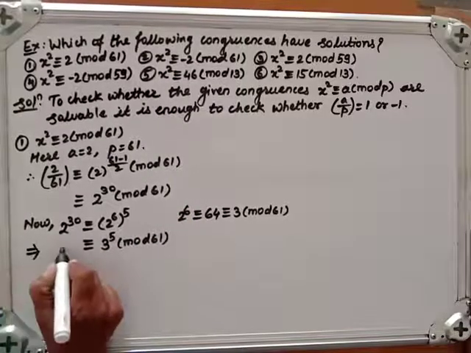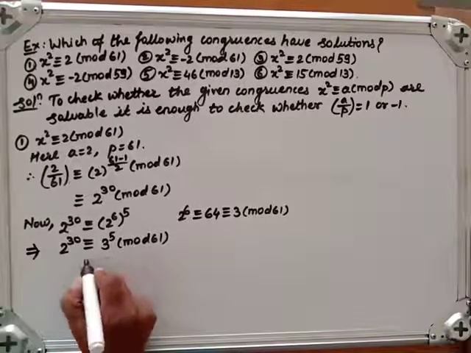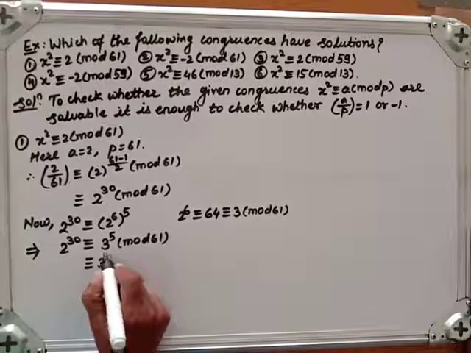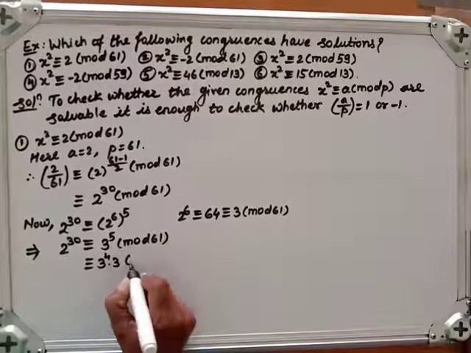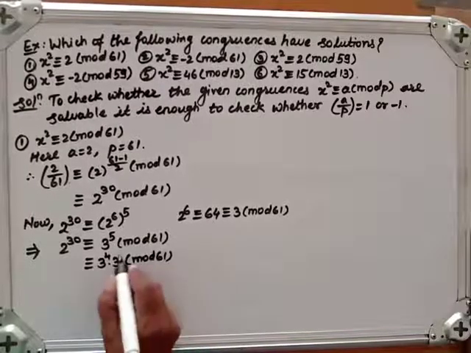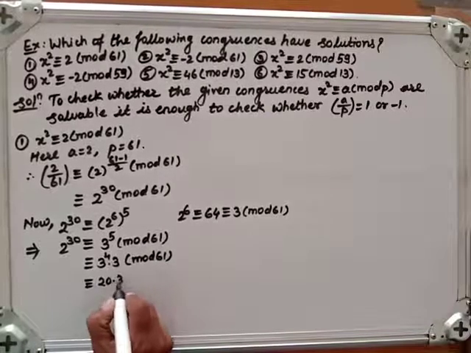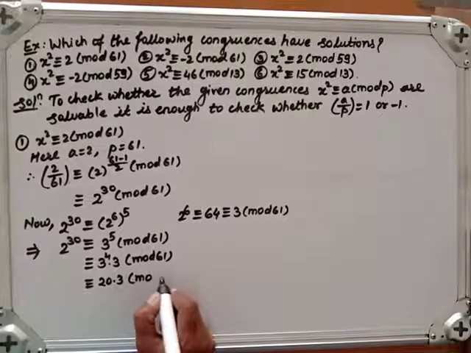This implies 2 raised to 30 will be this. Now this can be written as 3 raised to 4 into 3 modulo 61. But you know 3 raised to 4 is 81, and 81 is congruent to 20 modulo 61, with this 3 as it is.